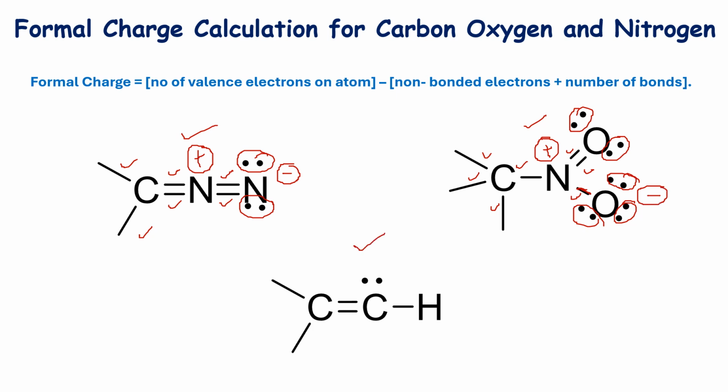In this example, carbon with 4 bonds, the formal charge will be 0. Carbon with 3 bonds and 2 non-bonding electrons, the formal charge will be -1.